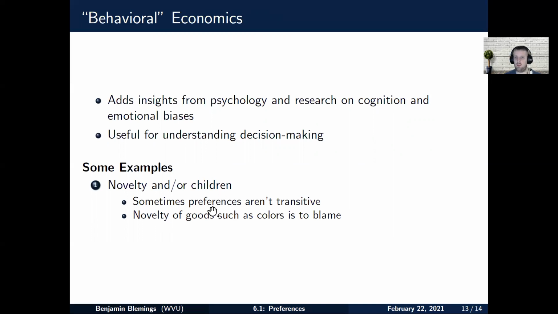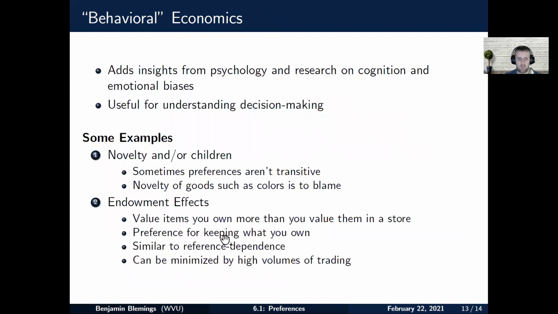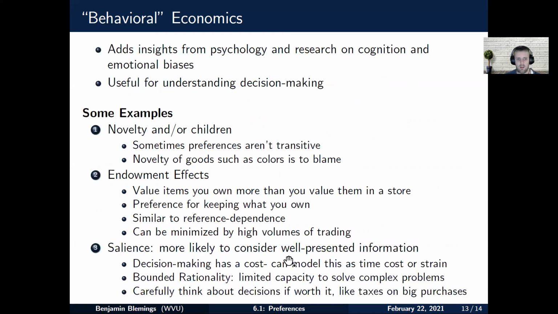Sometimes preferences aren't transitive, and one reason that this could be the case is the novelty of goods, and endowment effects. So you could value items you own more than you value them in a store, and you have a preference for keeping what you own. This can be minimized by high volumes of trading or expertise. And then salience: you're more likely to consider well presented information.